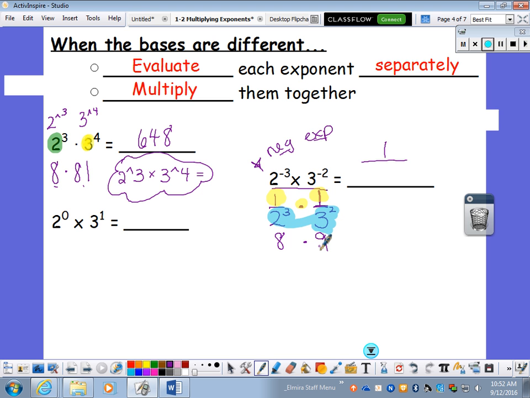So 2 caret 3 is 8 and 3 caret 2 is 9. And 8 times 9 is 72. Or you could type the whole thing into your calculator and get the 72 in one swoop. 2 caret 3 times 3 caret 2 equals, and that'll give you the 72 typed in all at once.